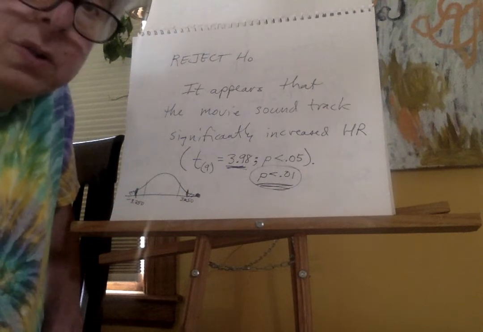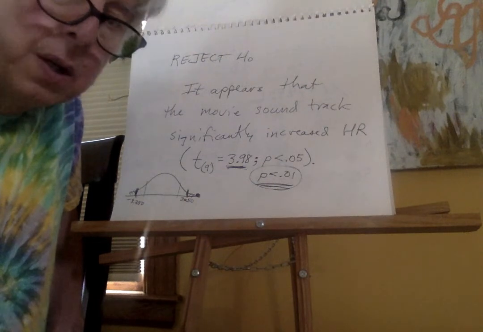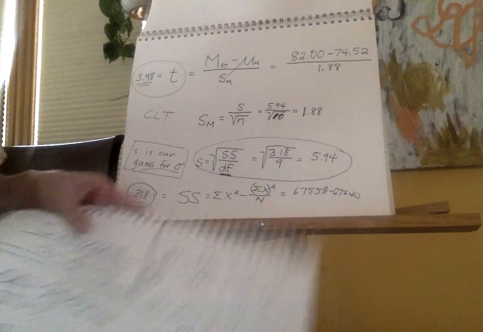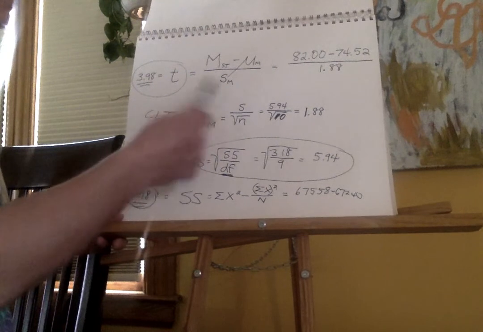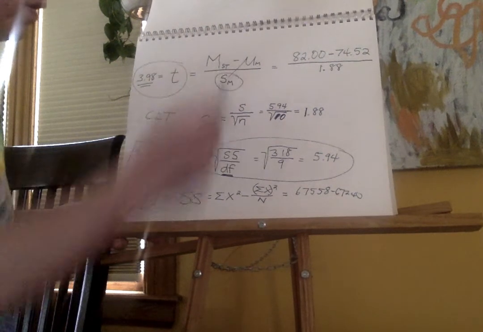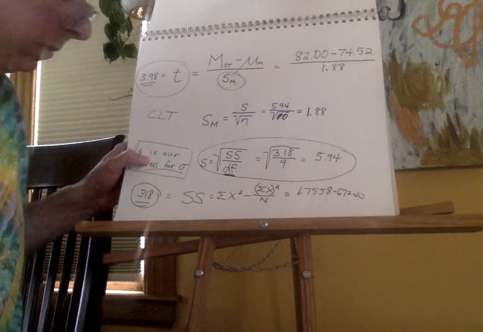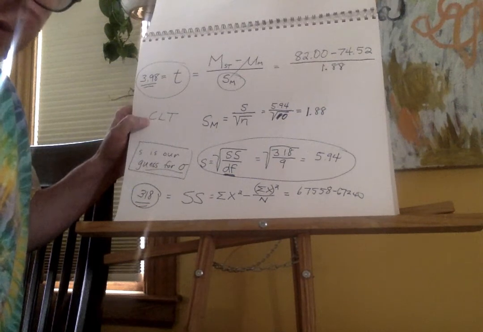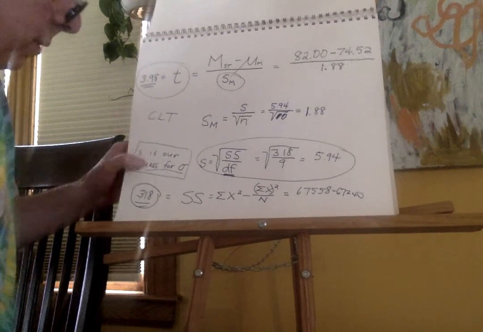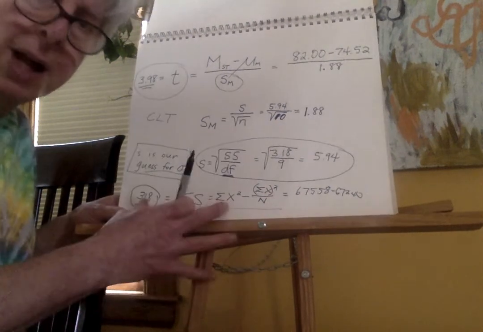So we've done two. I'm hoping it's making sense. Do some of the problems in the book as well, and try to understand what we're doing here. This is just like a z-score, except that here we make our guess for sigma, and then we do the same thing we did with the z-score. So this is kind of a 2-step, or 3, if you consider this the first step, the building block.